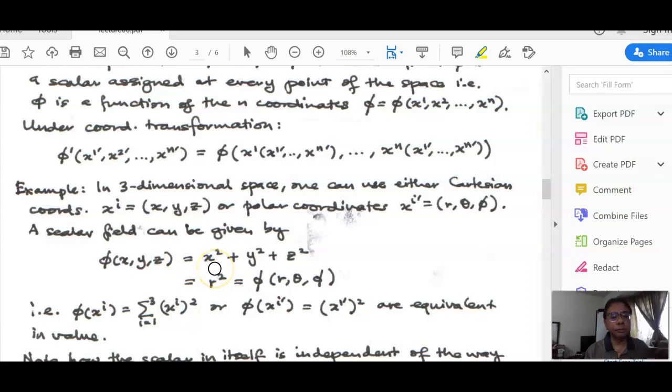The length in Euclidean space in terms of Cartesian coordinates is given by x squared plus y squared plus z squared. That's the length squared. Okay? But if you go over to a different coordinate system, in this case the polar coordinate system, given by r, theta and phi, then x squared plus y squared plus z squared is simply r squared. Okay, so you can see how the scalar, while it's still a function of the coordinates, just gives you the same value.